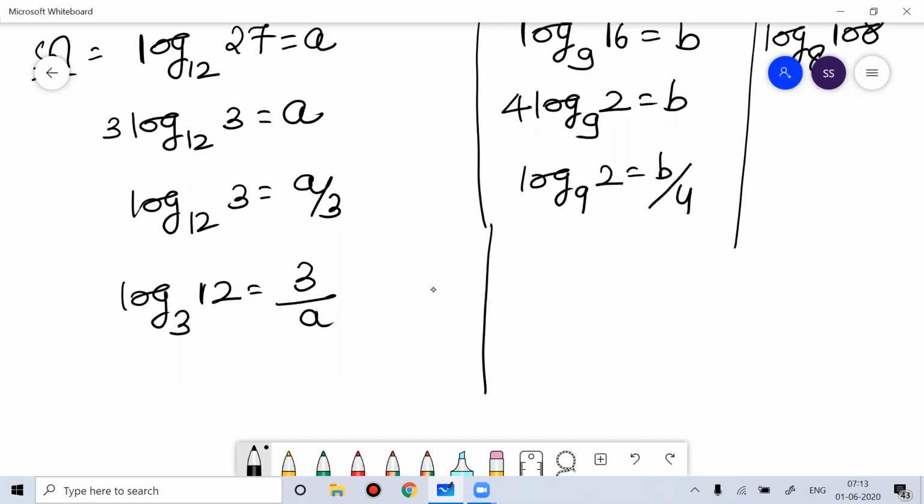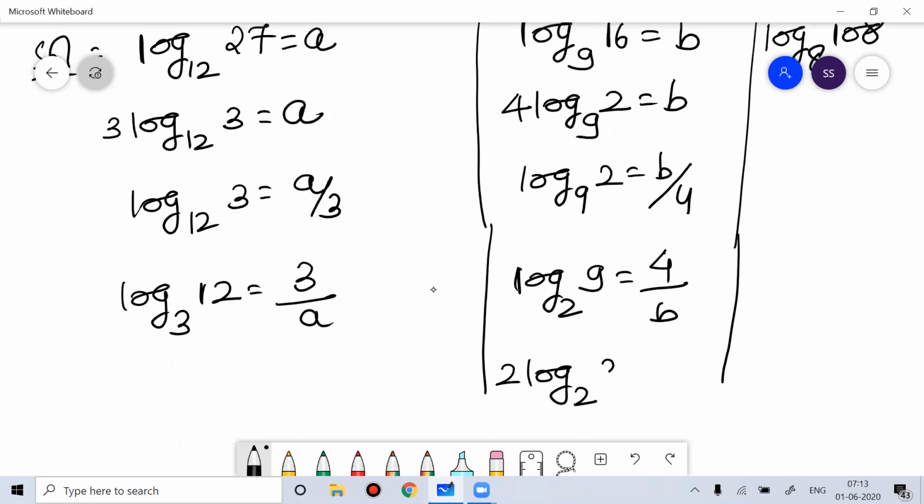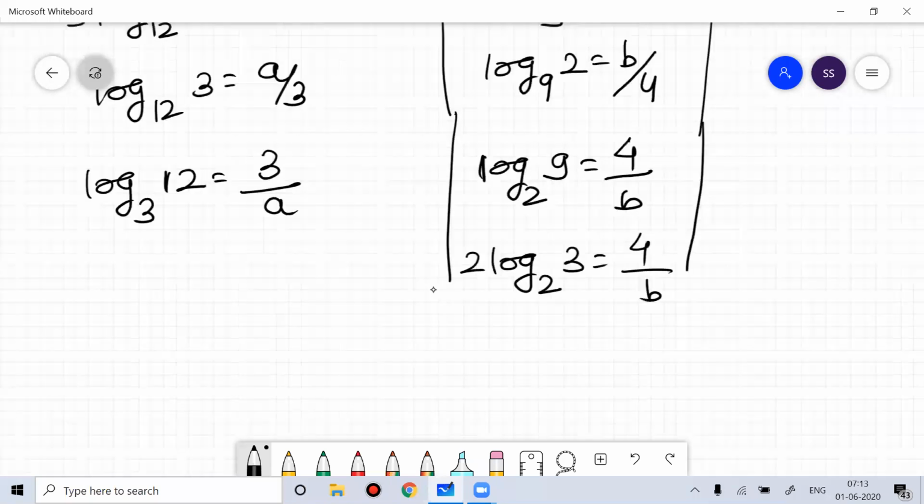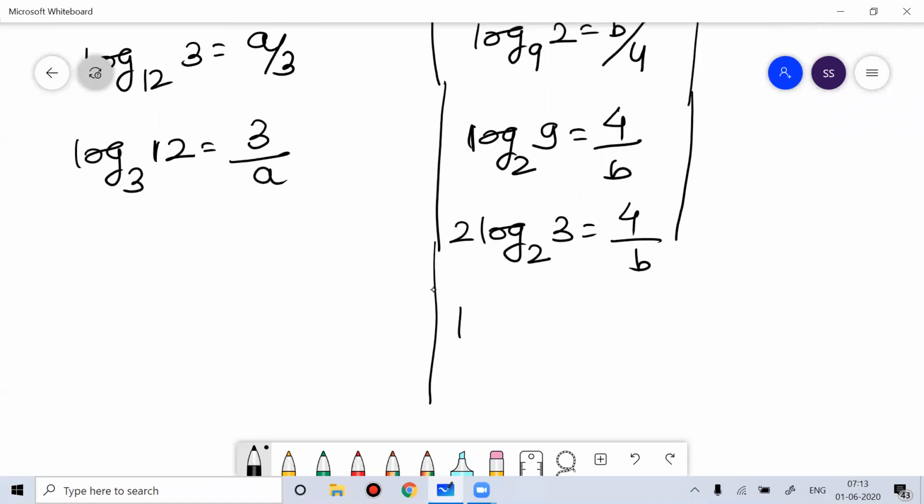And this I can write as log base 2 of 9 is equal to 4 by b. So then I can write log base 2 of 3 is equal to 2 by b.